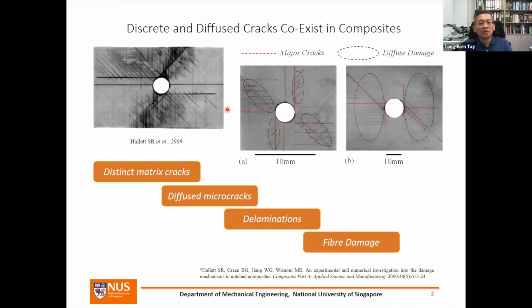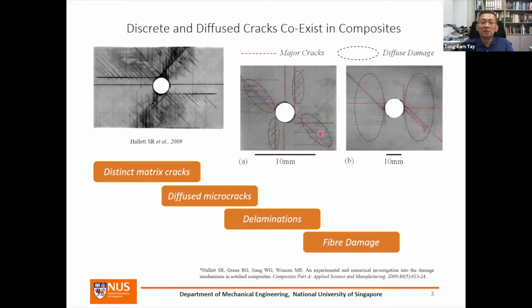So in experiments, it is not unusual to see large longitudinal cracks in the 0 degree ply, and then some minus or plus 45 cracks, distributed cracks, and also very diffused cracking in the 90 degree layer.